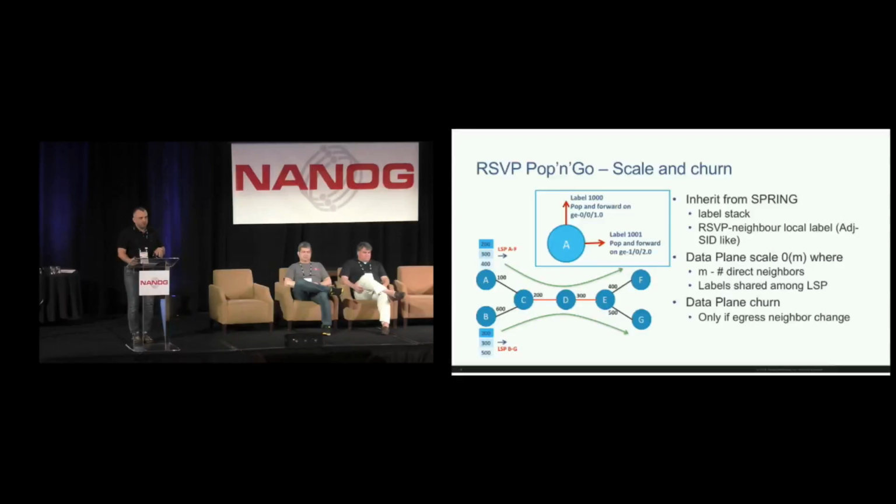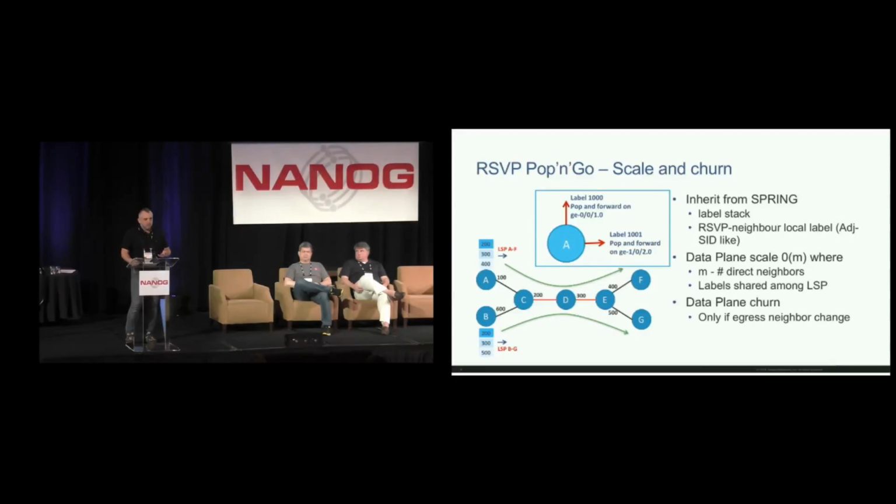RSVP Pop and Go is a new concept which inherits the Spring label stack, but keeps the RSVP control plane. As a result, we reduce the number of states and consequently the churn needed between control plane and data plane. How does it work?